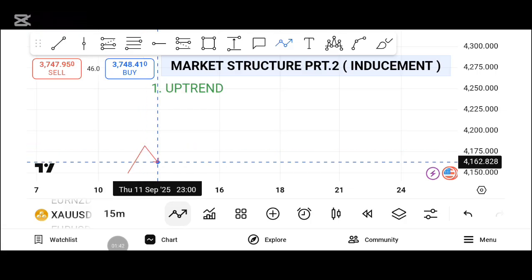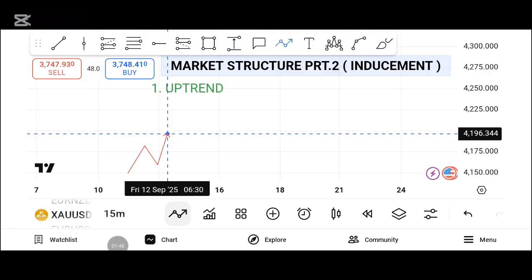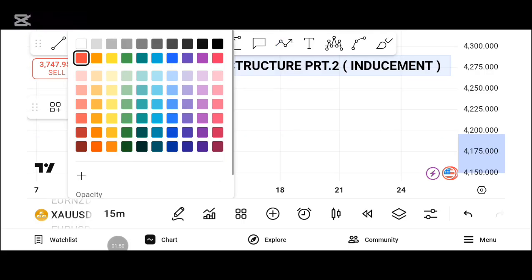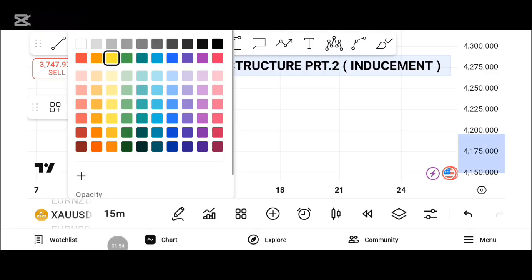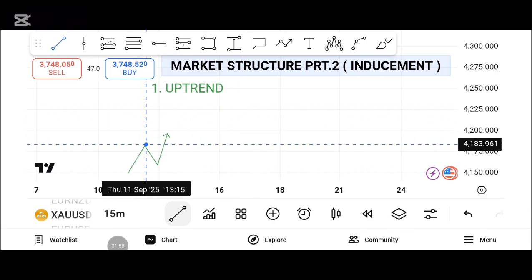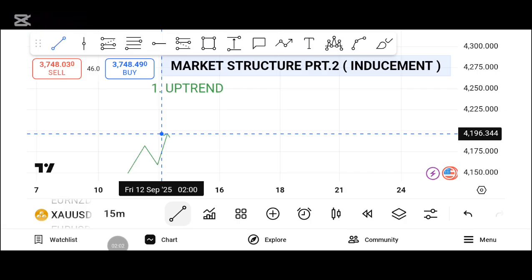So assuming this market was trending upside, giving us a higher high, higher low, and new high, where is your inducement?